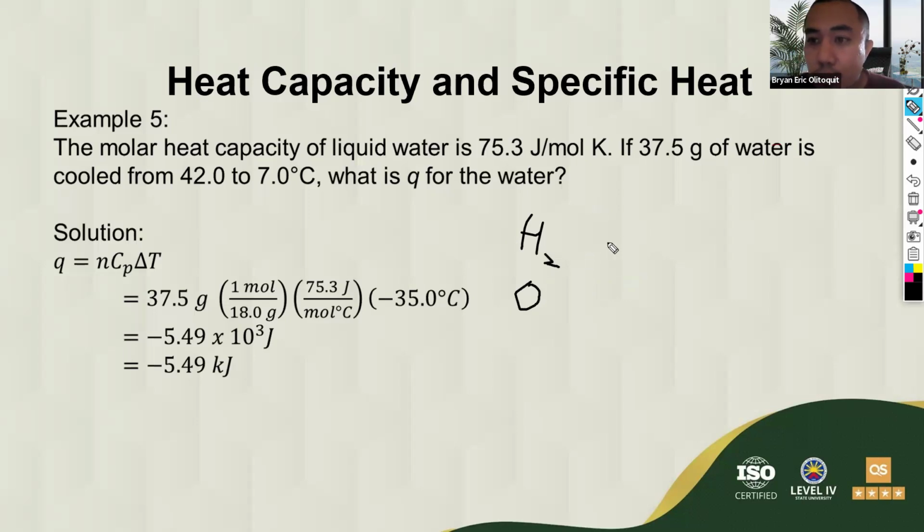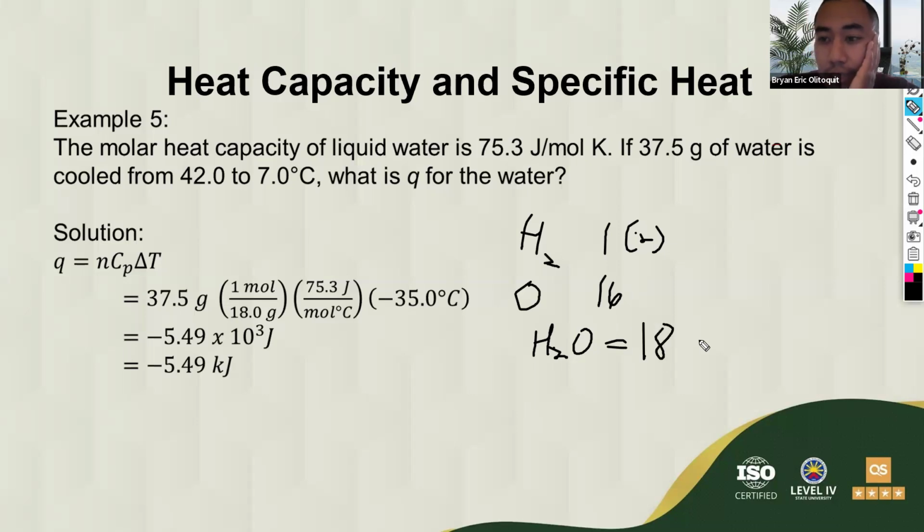The molar mass of hydrogen is 1 gram per mole, and oxygen naman is nasa 16. Kung dalawa yung hydrogen, multiply natin to by 2. That's why we have the molar mass of H2O as 1 times 2, 2 plus 16, we have 18 gram per mole.